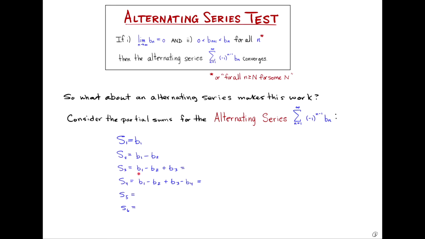S sub 3 is the sum of the first three terms, but S sub 3 is equal to b sub 1 minus b sub 2 plus b sub 3, and b sub 1 minus b sub 2 is s sub 2. So we could rewrite this as s sub 2 plus b sub 3.